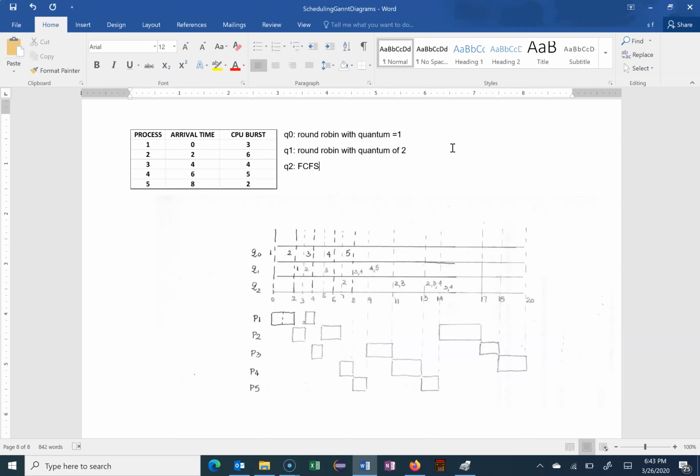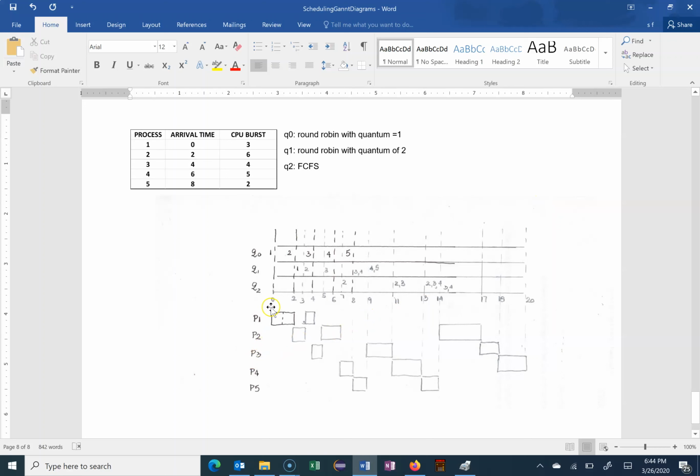Between these queues, we use a non-preemptive scheduling algorithm, and when we get to the point to see the difference between preemptive and non-preemptive scheduling between the queues, I will let you know.